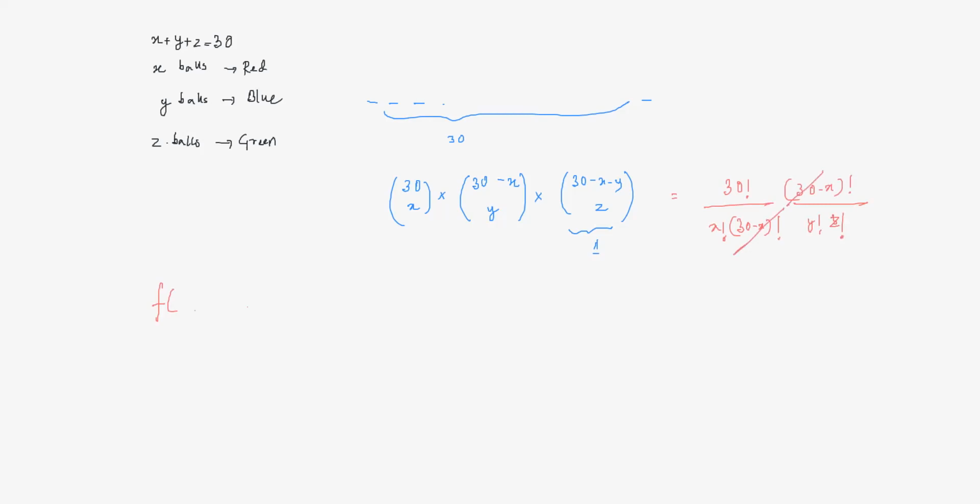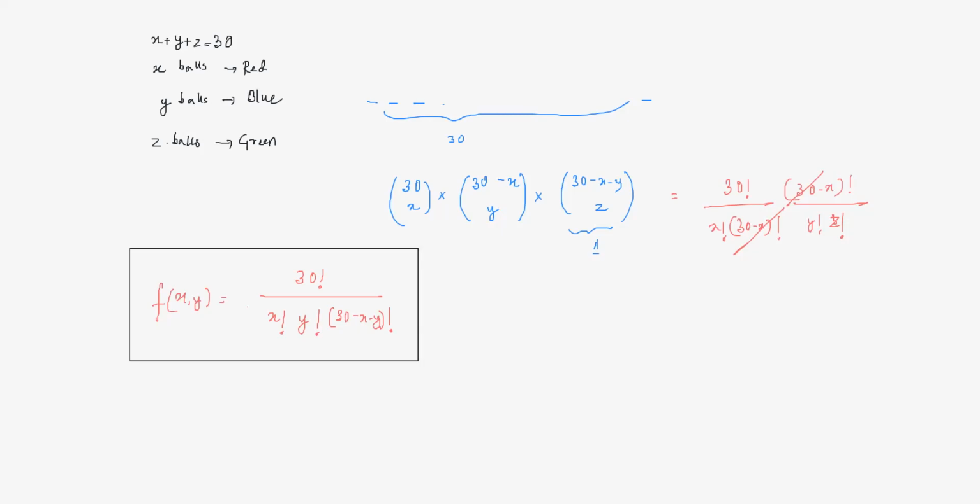So finally we get f of x, y is nothing but 30 factorial divided by X factorial times Y factorial times 30 minus X minus Y factorial, if you want to find a function in functional form. So let me write it down properly.